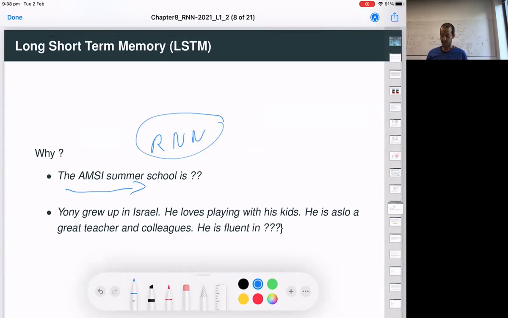But the second sentence is: Yoni grew up in Israel. He loves playing with his kids. He's also a great teacher and colleague. He's fluent in. With the RNN, as it has trouble getting long dependencies, it will not get this information, and it will not be able to make a good prediction because the important information is far away.